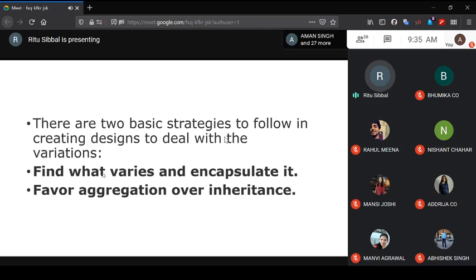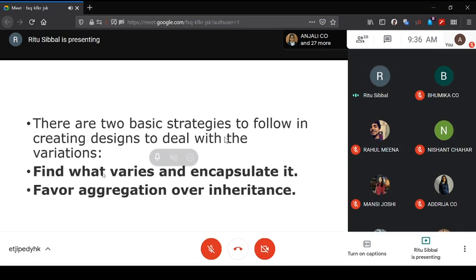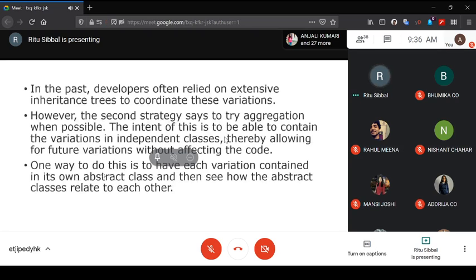Why do we favor aggregation over inheritance? Because inheritance works to a certain extent, but after a certain extent all inheritance hierarchies are more of a disadvantage rather than an advantage. So this is how design patterns help. They capture whatever is varying, encapsulate it, and keep it aloof from the rest of the code.